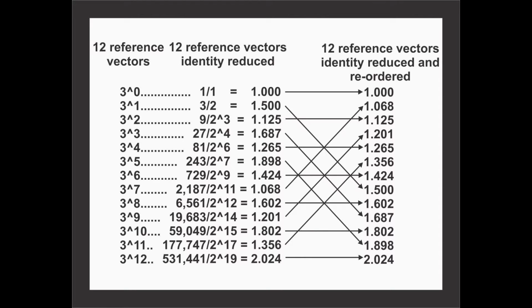The 12 vectors that complete the 3 to the nth power vector circle are fundamental because the circle they complete is fundamental. It is important then to know their positions in the reference identity range between 1 and 2. This is accomplished through identity reduction.